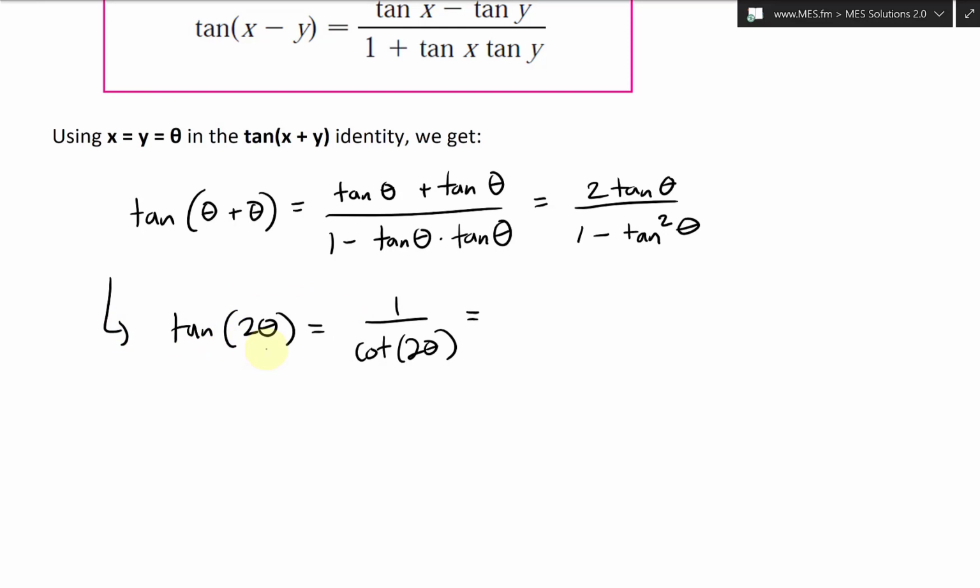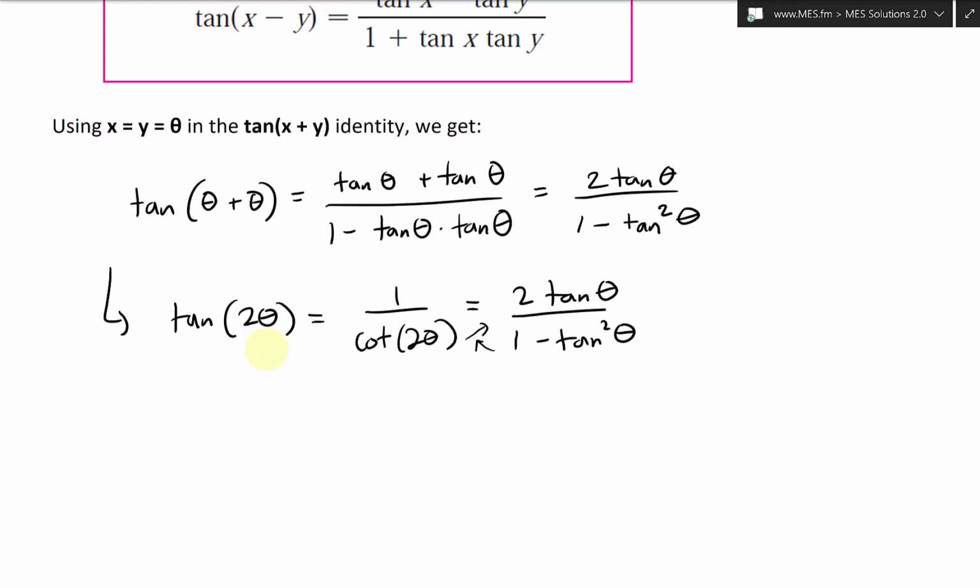So then this equals 2 tan theta over 1 minus tan squared theta. And then what we'll do is move this over to this side, and move this other one over to the other side, so we just cross multiply across. What we're going to get is a setup of cotangent 2 theta on the other side, and I'm also going to divide this out as well, so we're just left with a 2 there.